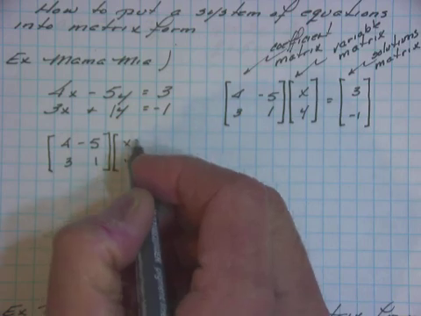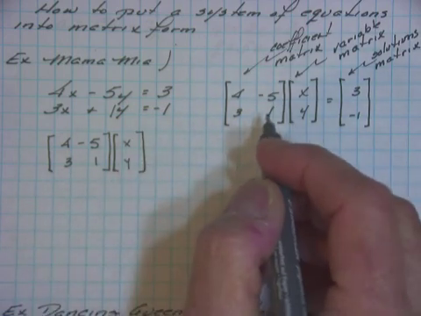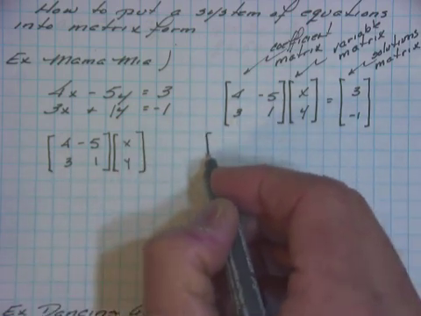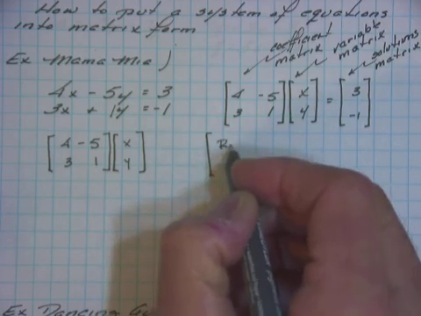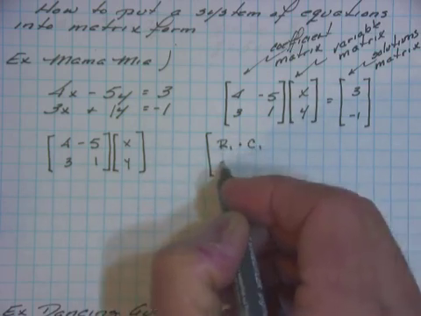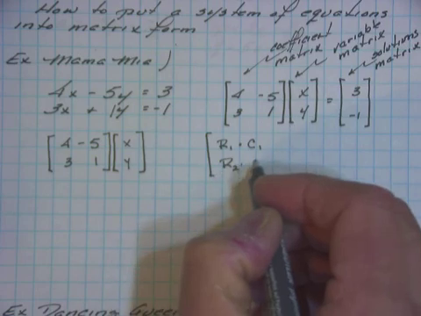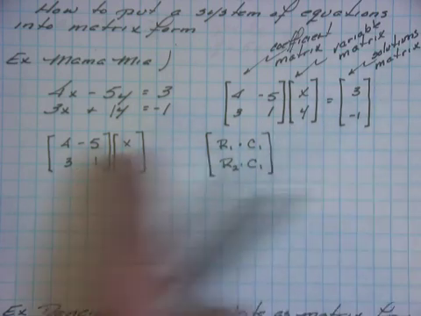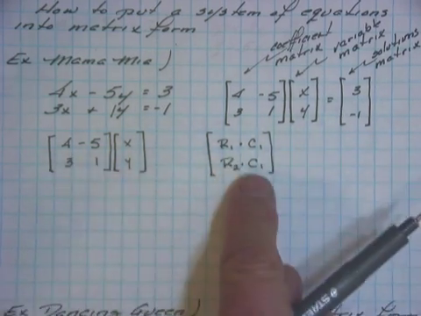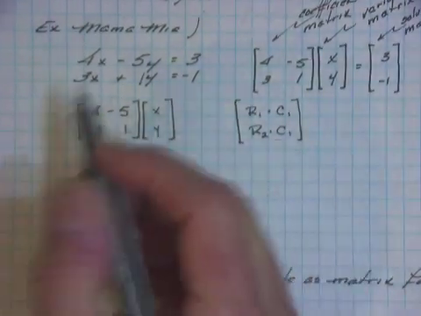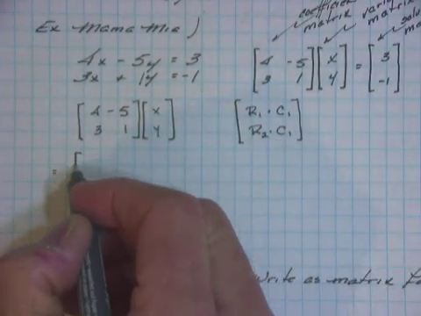That's what's going on when you have two matrices next to each other, you're doing multiplication. So we're going to end up with row 1 dot column 1 and row 2 dot column 1. We're going to multiply these together using that.